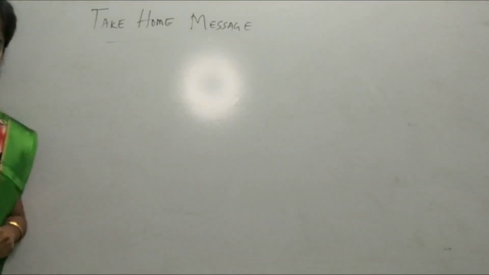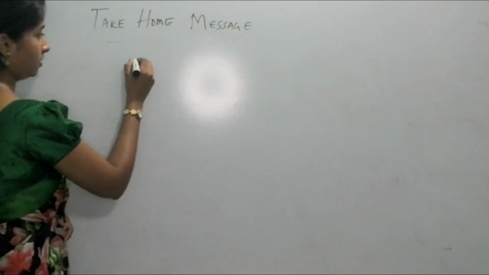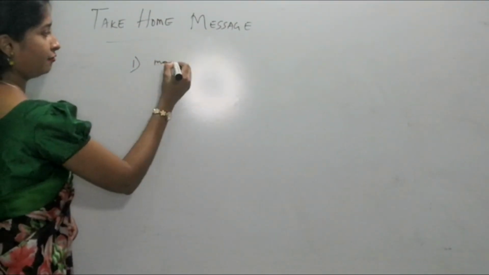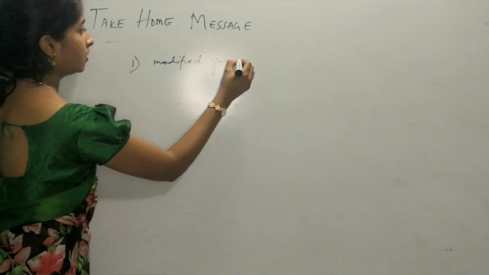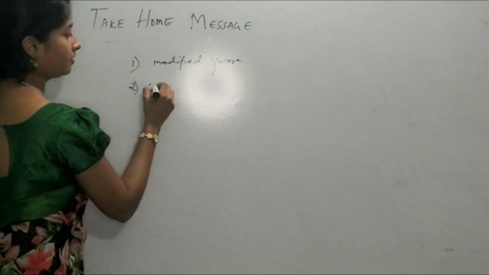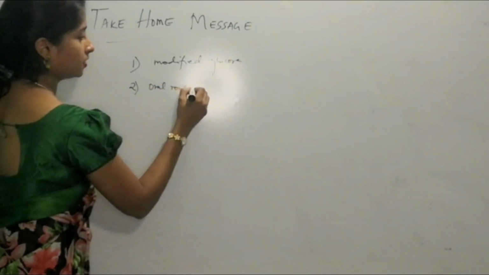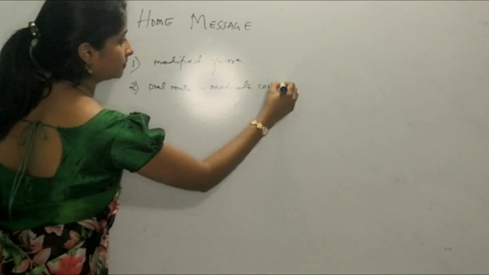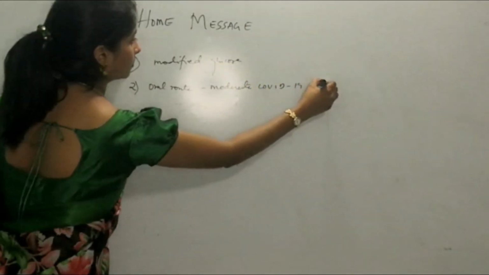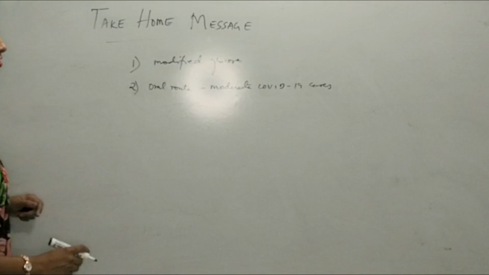So the take-home message is, 2-DG is a modified form of glucose. It is taken by the oral route in moderate cases of COVID-19 who need oxygen.